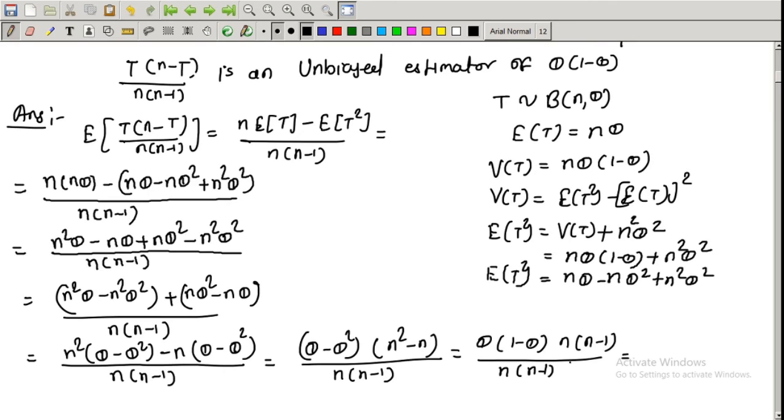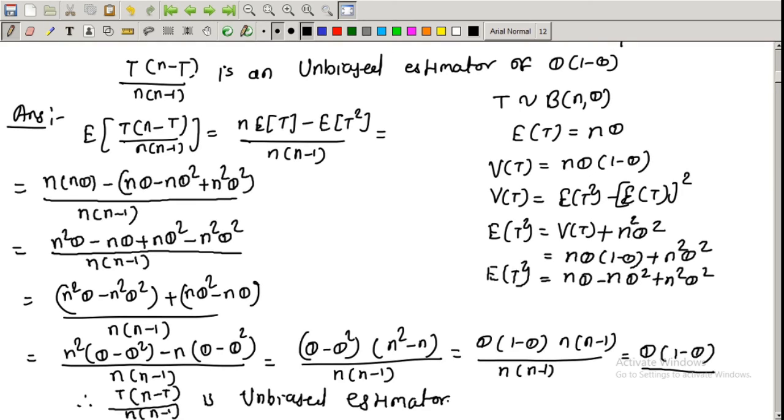So n into n minus 1 gets cancelled. What is remaining? Theta into 1 minus theta. So therefore t into n minus t divided by n into n minus 1 is an unbiased estimator for theta into 1 minus theta, correct?